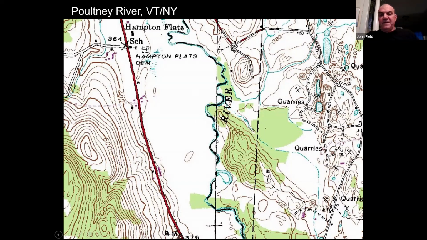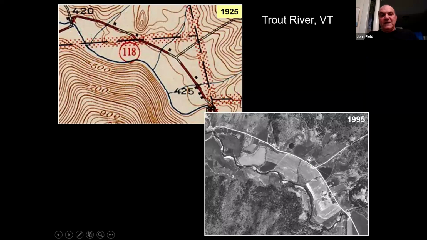The fact that it's up against the valley side indicates that it had been straightened in the past, but has completely reformed its meanders. Much like on the Trout River, we can see the river was up against the valley side, but has now completely reformed meanders along its length. Rivers are dynamic, and they do adjust to these human alterations of the channel.